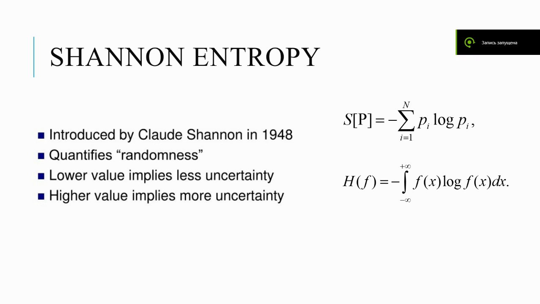So the idea of Shannon entropy was proposed by Claude Shannon in 1948. The idea was to quantify the amount of information that is transferred from one messenger to another. Today we speak about Shannon entropy when we want to quantify whether our time series is random or predictable.